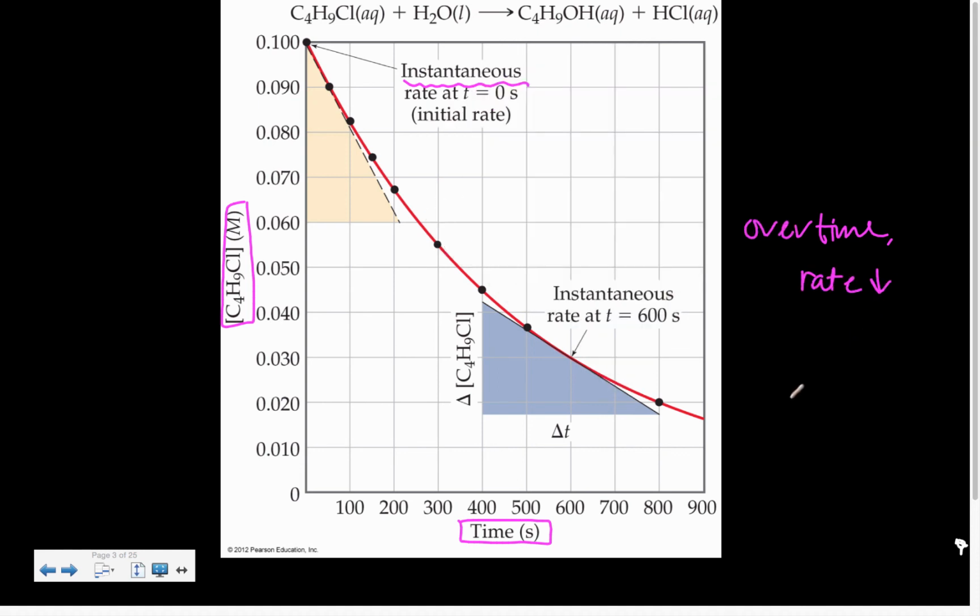And if we think back to our original ideas, in order for a reaction to occur, we have to have collisions. If we think about what happens as the concentration of this goes down, as we have less and less of that in solution, there's going to be less of it to run into something else, meaning as we have decreased numbers of collisions, we also get a decreased amount of reaction producing the product, therefore a decreased rate.